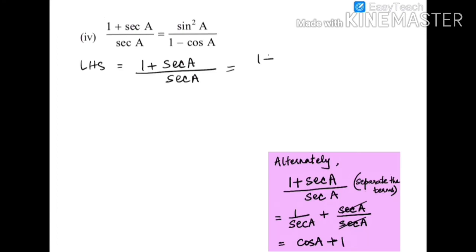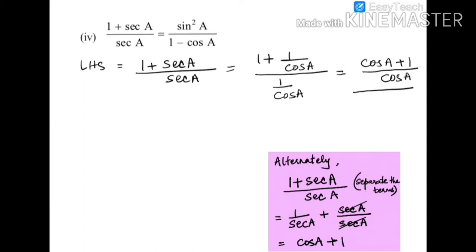So we get 1 plus 1 over cos A divided by 1 over cos A. Adding the terms of the numerator, we get cos A plus 1 whole divided by cos A divided by 1 upon cos A. Now we can write this expression as cos A plus 1 in brackets divided by cos A. To simplify this expression, you will take the reciprocal of denominator and multiply it to the numerator.